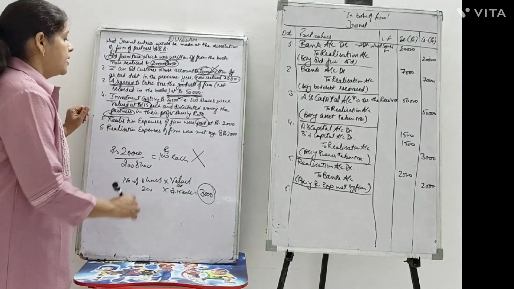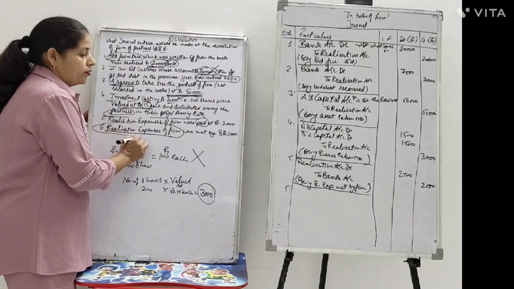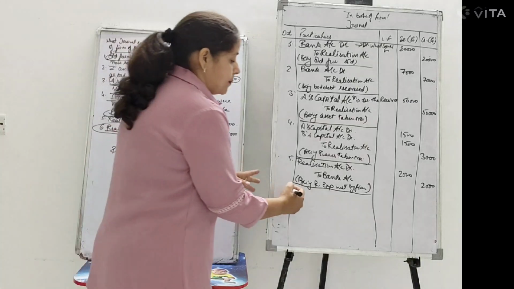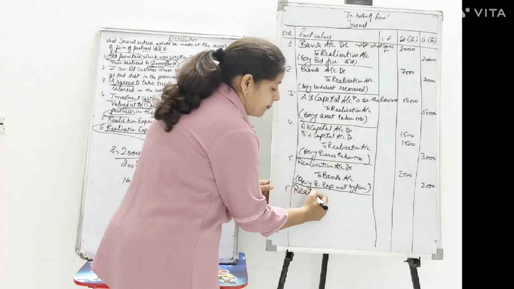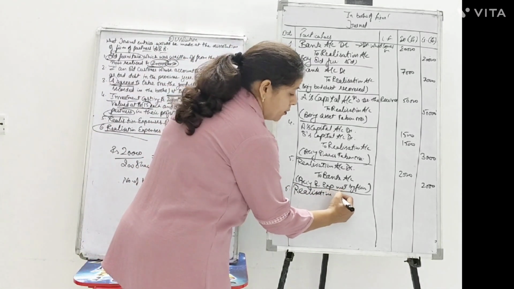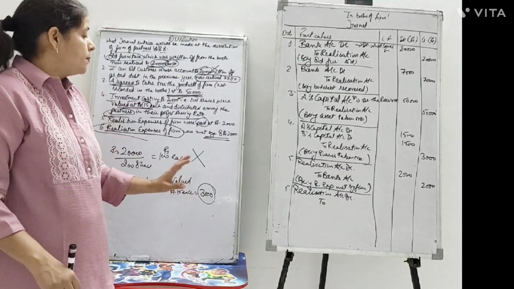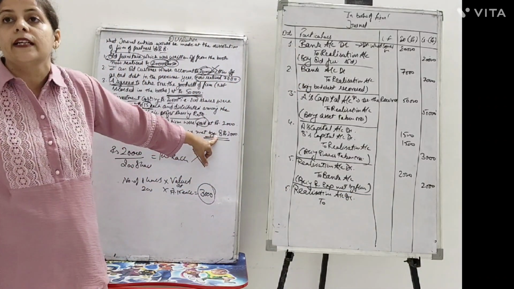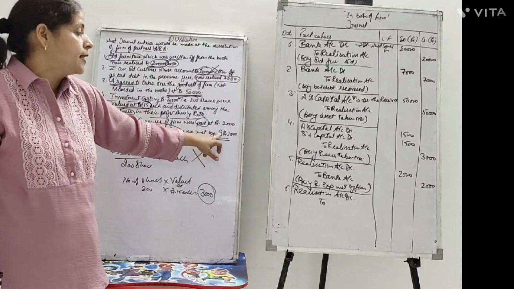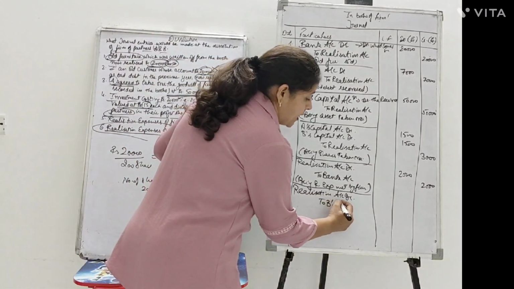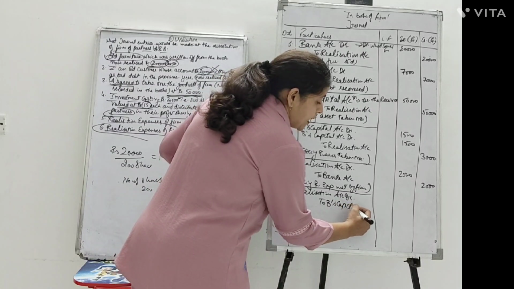Now point number 6. Realization expenses were of the firm but were met by B. Liability paid should be debited to which account? I have told you, realization account. But money is not going out. If money is not going out, who is ready to pay the expense of the firm? That is B. So B is actually paying the firm's expenses.